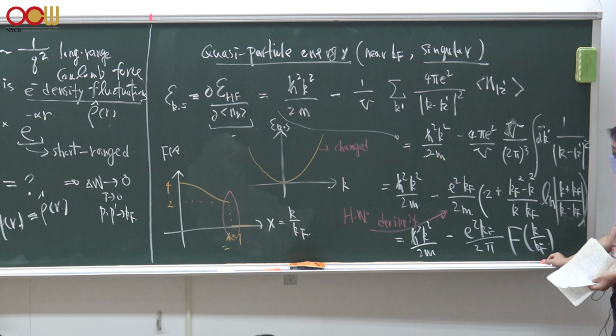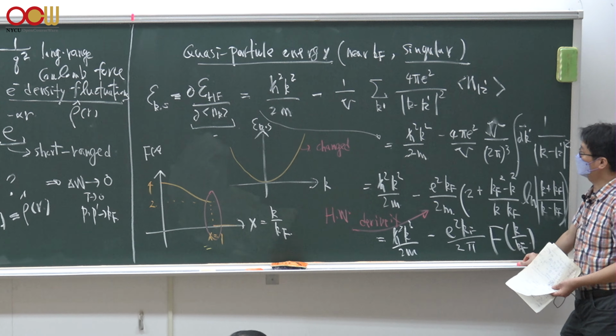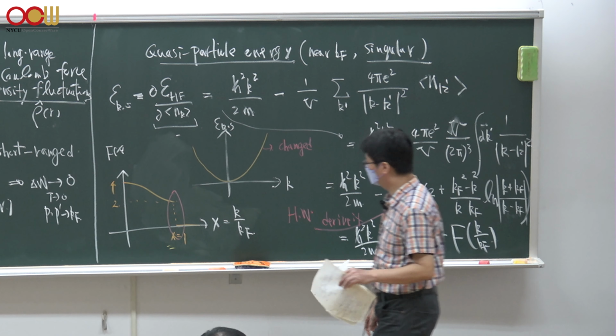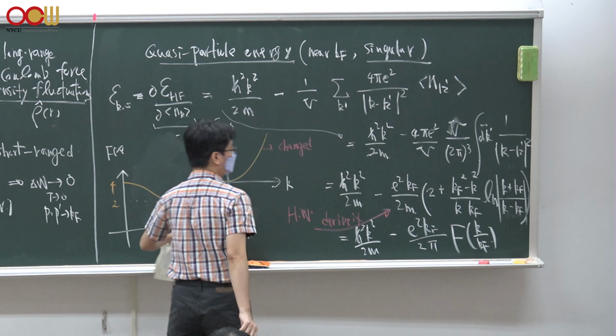As a result, the dispersion of the quasi-particle excitation energy for the electron experiences a sudden jump right at the Fermi momentum.